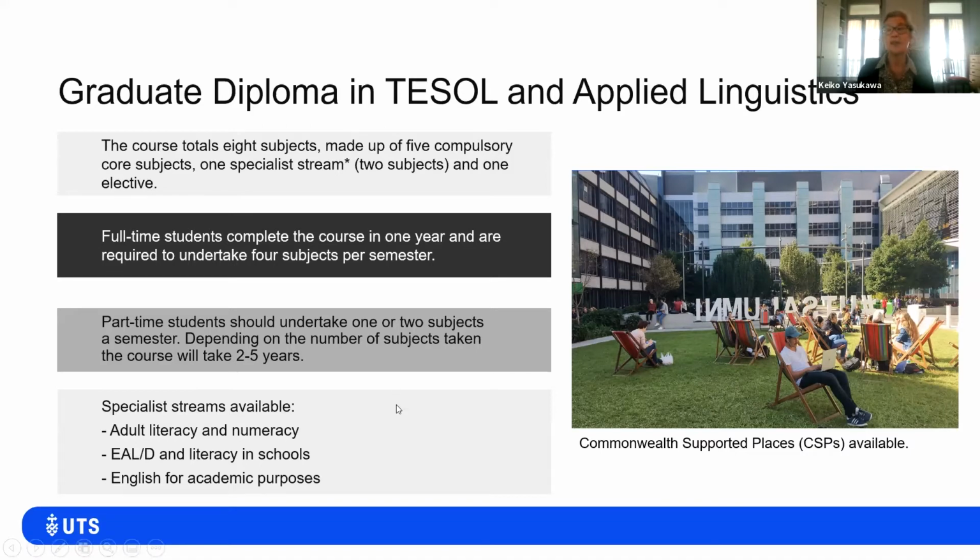So many of our students would enroll in the graduate diploma, and at the end of it, they continue on into the master's. So the graduate diploma can articulate into the master's if you want, or some people would just take out the graduate diploma and start working in the field, but then many of them do come back later to do the master's to gain further knowledge.